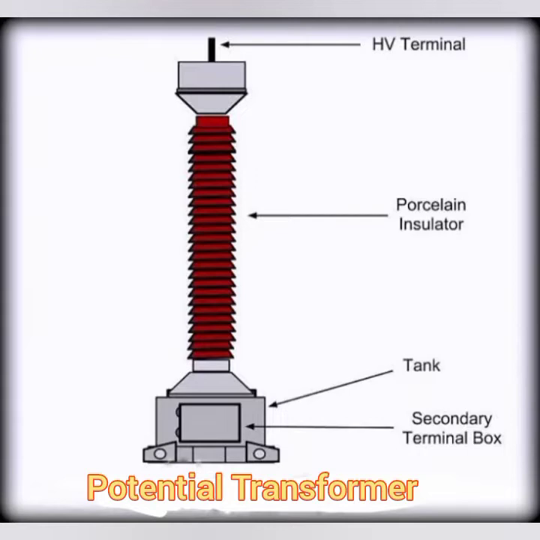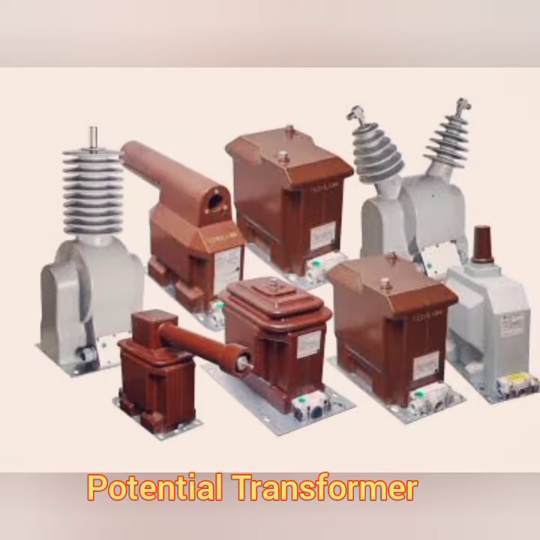So this is the overview layout of your potential transformer. This potential transformer can be used in low voltage systems also. In low voltage systems we have different types of structures. These are some examples of low voltage potential transformer structures.